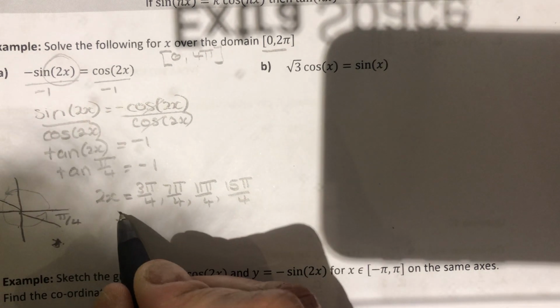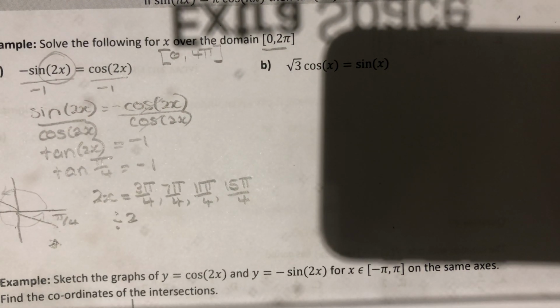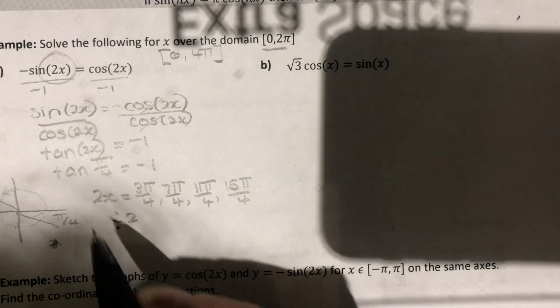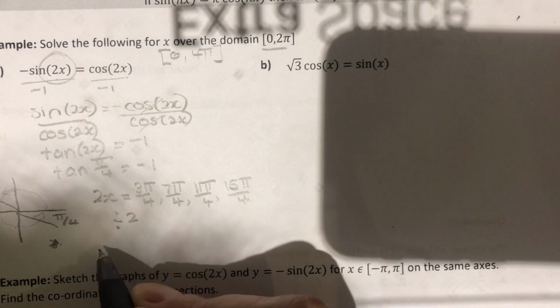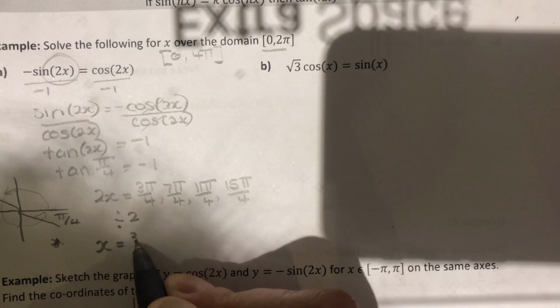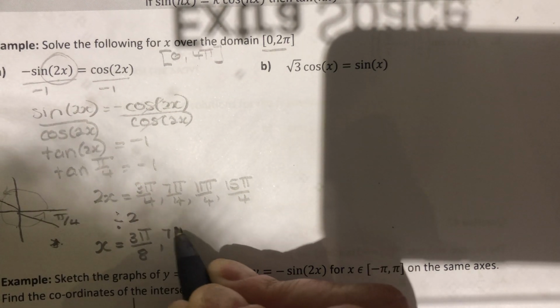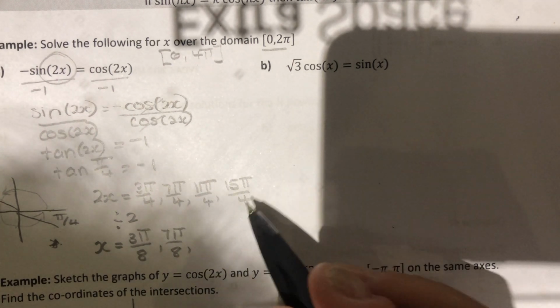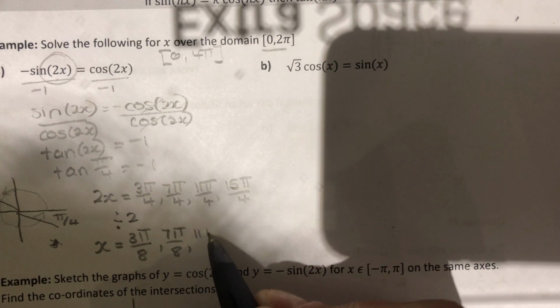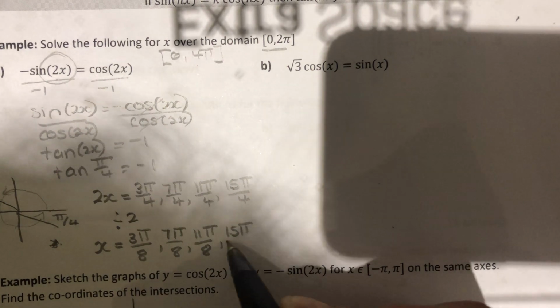All right, and the last thing we need to do for this question, of course, is we have 2x and we want x, so we're going to divide it all by 2. So your answer is going to be 3 pi on 8 and 7 pi on 8 and 11 pi on 8 and 15 pi on 8.